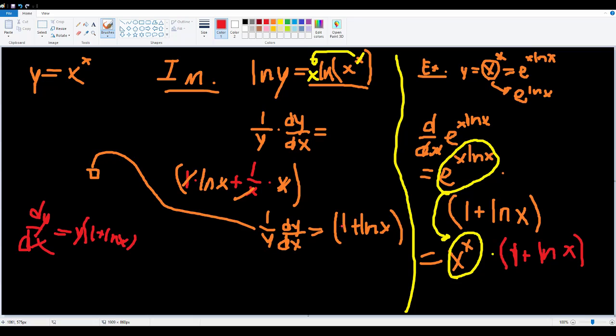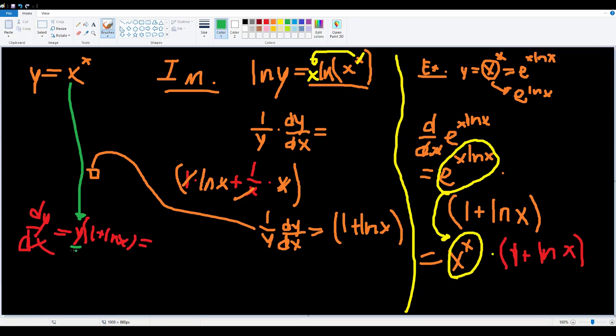And so all we've done here is bring over this y by multiplying. And now we have to simplify. And we can do this by realizing that this y is equal to our original equation, which would be x to the x.